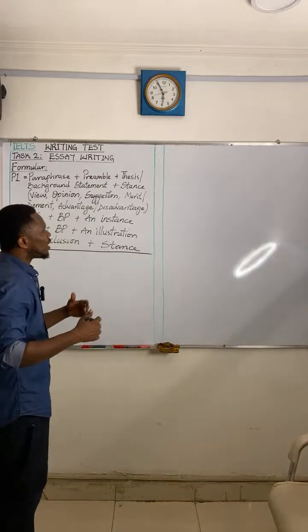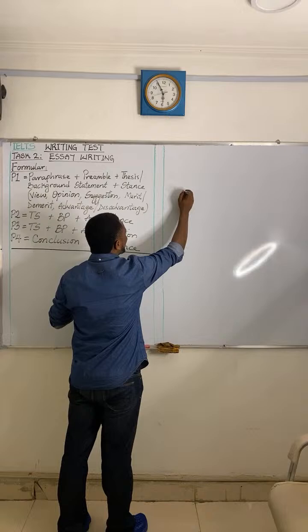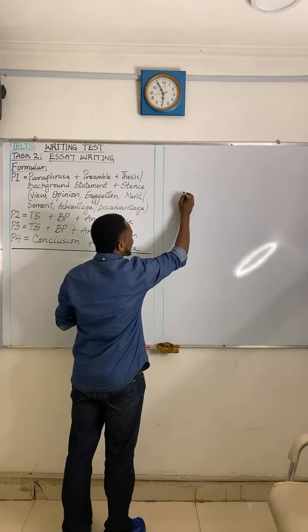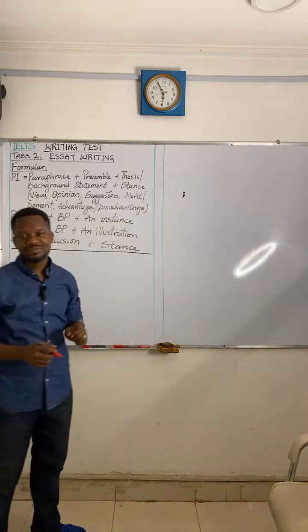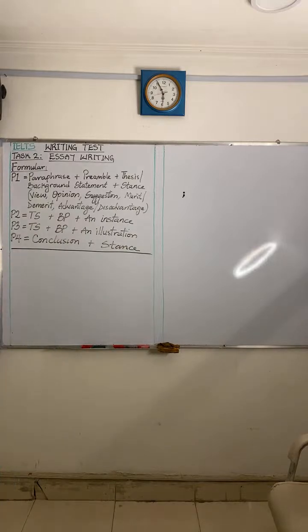Now, you really want to understand that the thesis or background statement does not end with a full stop. It ends with a semicolon. Your thesis or background statement should not end with a full stop, rather with a semicolon.